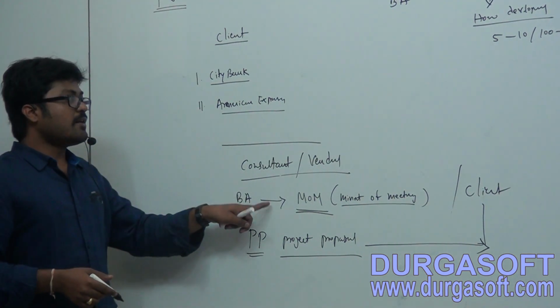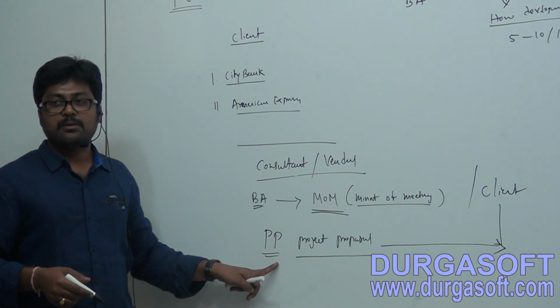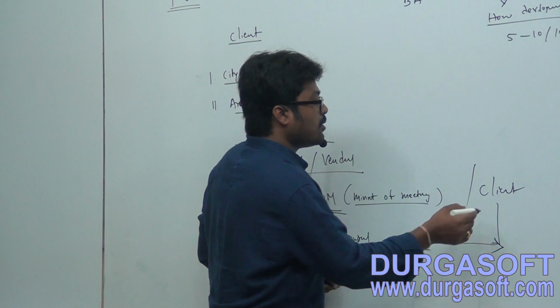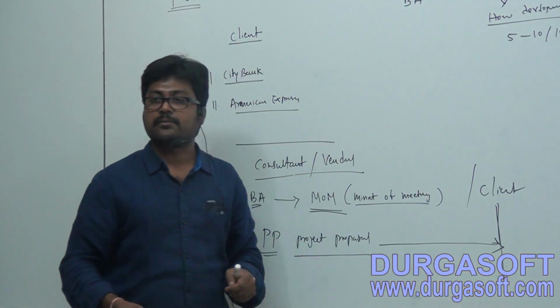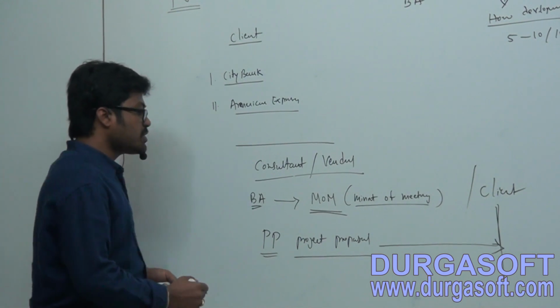First, after completion of the meeting, he needs to send the minutes of meeting, then next he needs to send the PP, project proposal document, to the client. If he is satisfied with your project proposal document, again they will call for the next documentation. What next documentation do we have to provide?